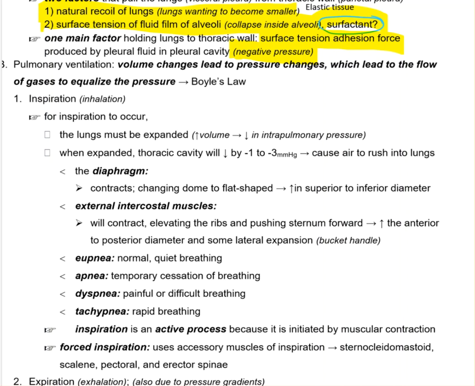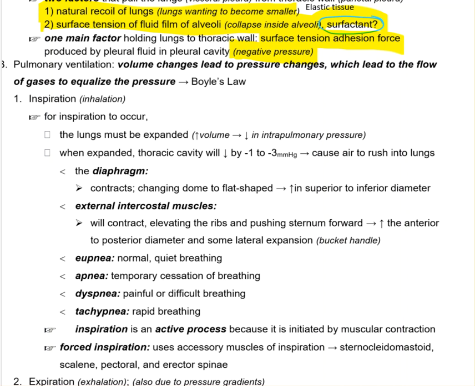Okay? So first off, Boyle's law of physics says volume changes lead to pressure changes, which lead to flow of gases to equalize the pressure. An easy way to think about this is if something's at high pressure and something's at low pressure, the thing at high pressure will want to move to the lower pressure to equalize out.